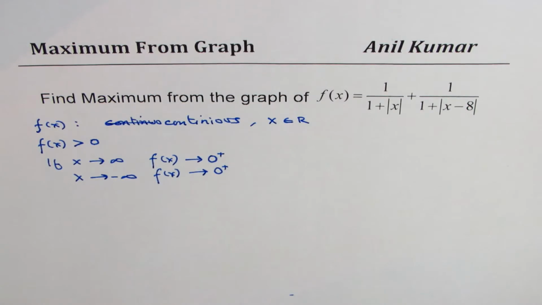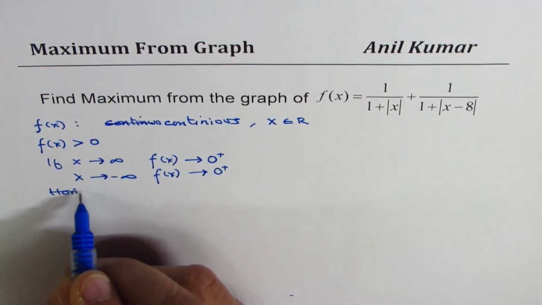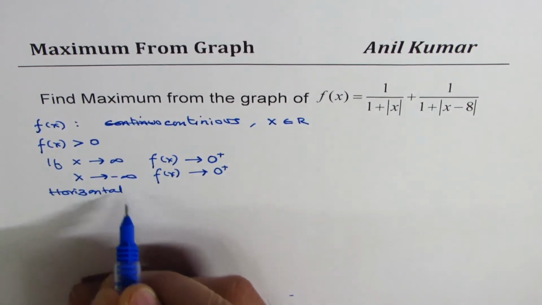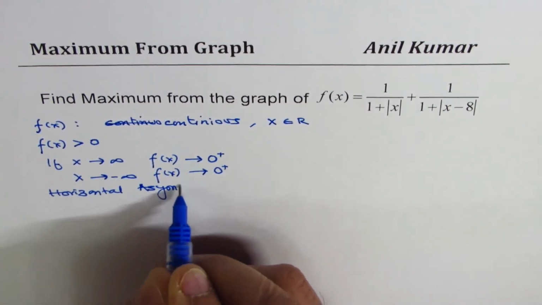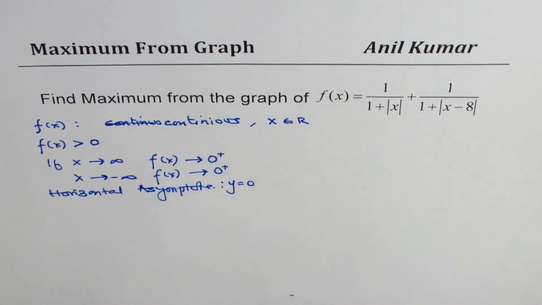So that gives you a horizontal asymptote, which is y equals 0. Perfect. So this gives us an overall picture of how the function will look.